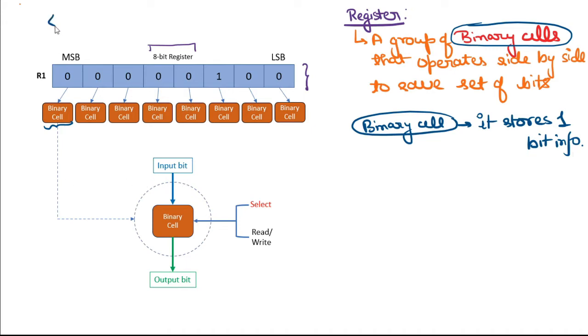And we also know that all registers have some width. What does the width of a register mean? Width of a register means the number of bits that it can store within it.